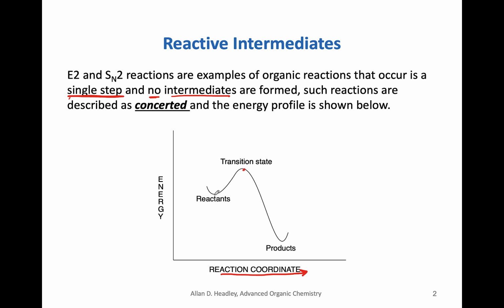As you may recall, this gap here is the energy of activation, and this gap here is the enthalpy of the reaction. In this case, this is an exothermic reaction because the reactants are at a higher energy level compared to the products, which means that heat is given off.